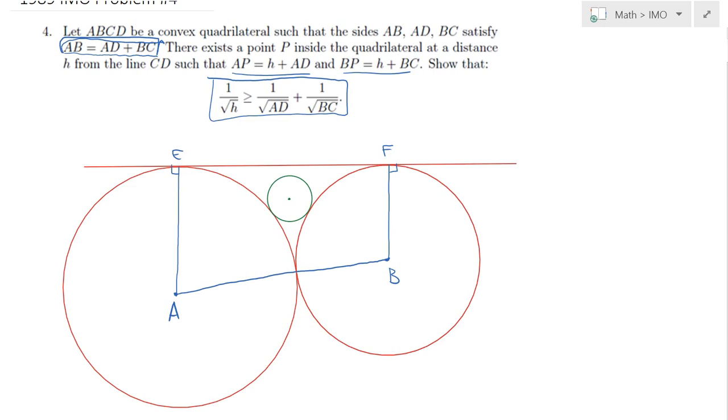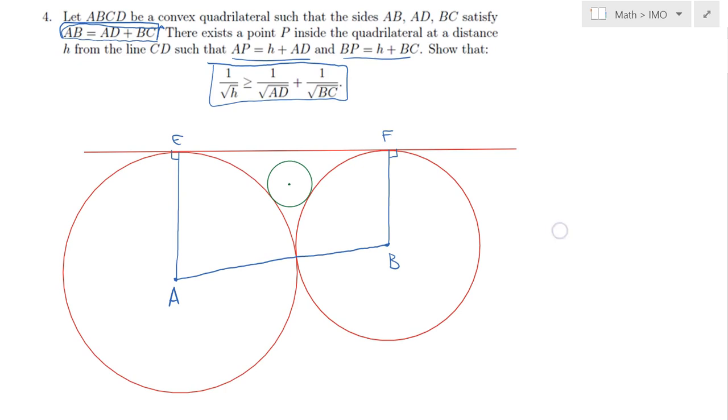So the condition AB is equal to AD plus BC, what it means is that I start with a circle centered at point A with radius r sub A is equal to AD, and similarly I draw a circle centered at point B, and so that's omega B, and the radius of this circle is simply equal to BC.